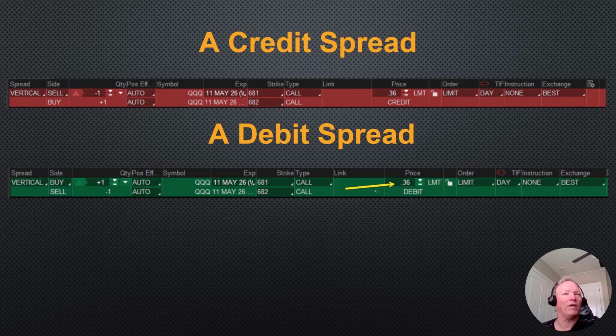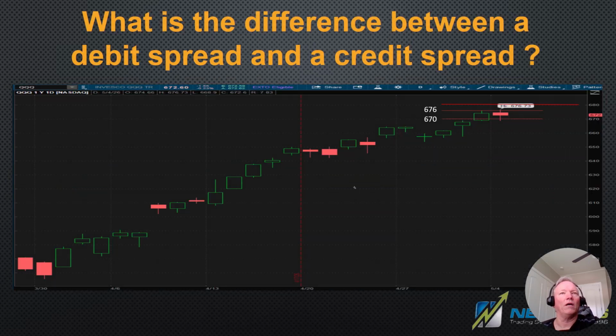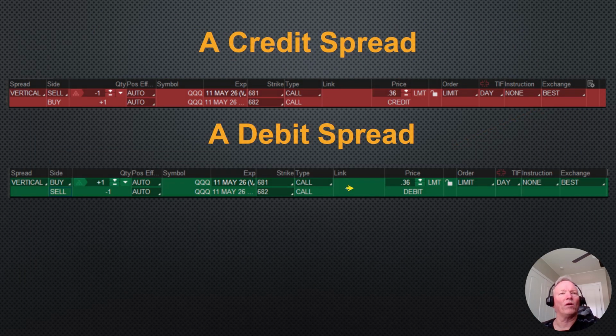And for that return to happen, we would need to see price trade above 682. So we do get the advantage with the debit spread of price moving higher in our bias as it moves towards 680, but we are limited on the downside because we paid a $36 debit, and that's the most that we could lose in this trade.